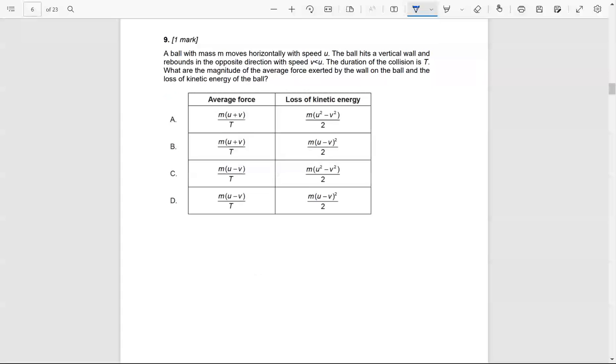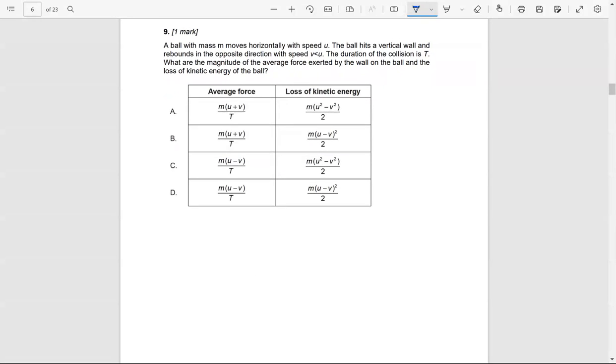Question 9 is asking us to look at the force and loss in kinetic energy for a collision. So another collision momentum question. A ball with mass m moves horizontally with speed u. So we have speed u and momentum mu. Let's say that's positive. It hits a wall and rebounds in the opposite direction with speed v, which is less than u.